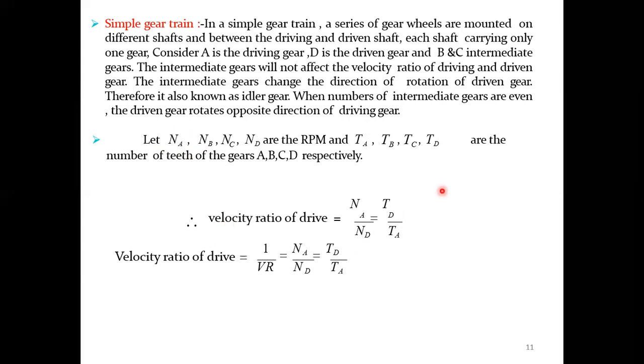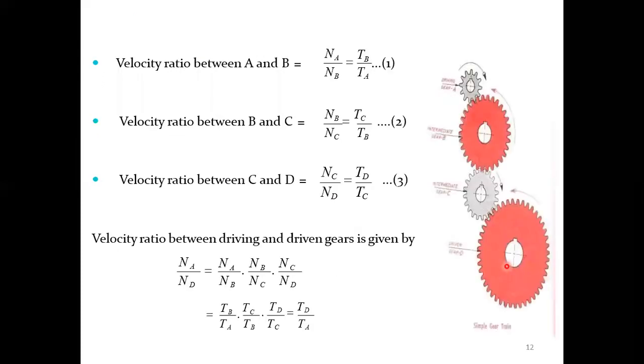B and C are intermediate gears and do not affect the velocity ratio, so we do not include their values. These are the velocity ratio between A and B, between B and C, and between C and D. Finally we can get NA by ND from this equation.